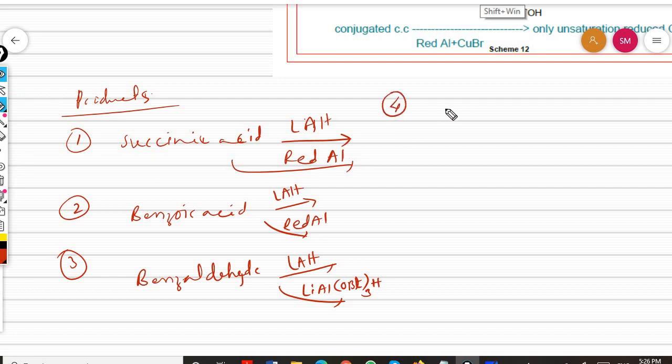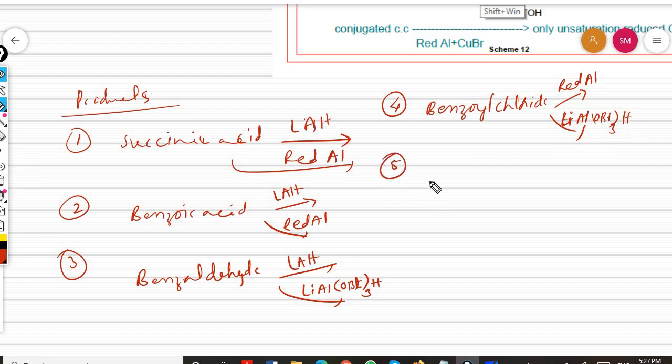Number 4: benzoyl with Red-Al and with lithium aluminum tertiary butoxy hydride.